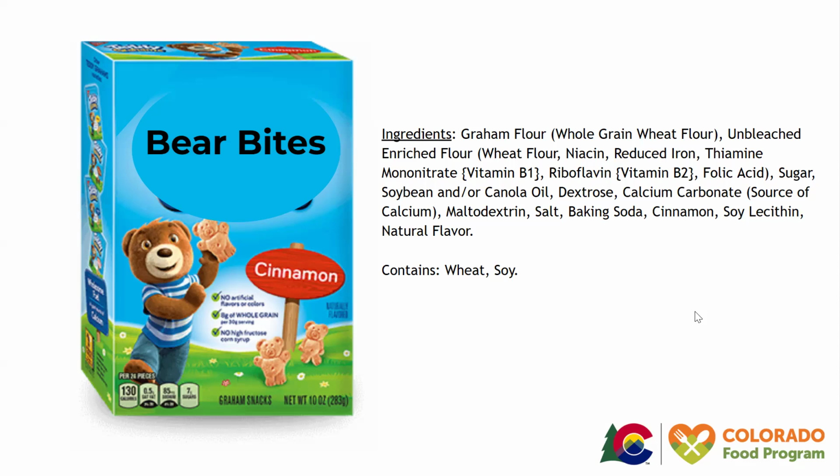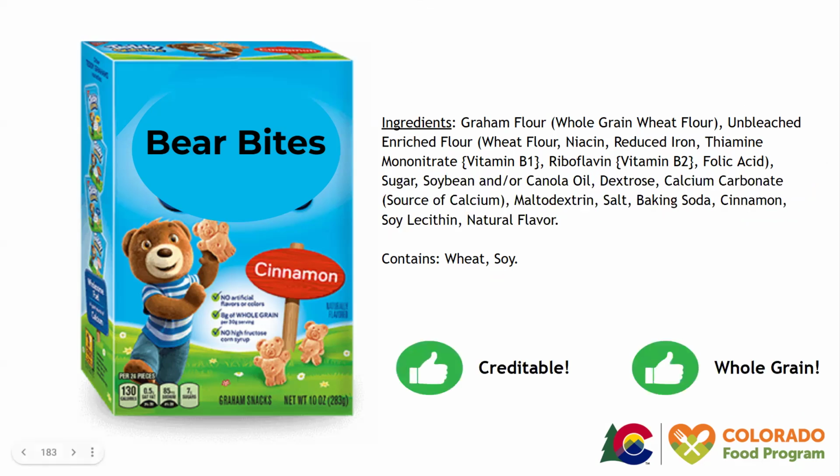All of those are disregard ingredients, so there is no grain number 3. Since our first grain ingredient is a whole grain and our second grain ingredient is enriched, this would be whole grain rich. I will show you the answers there. I'm going to end the poll for you all so you can see how well you did.